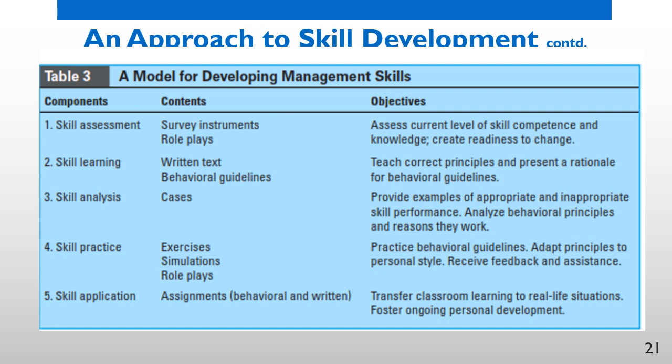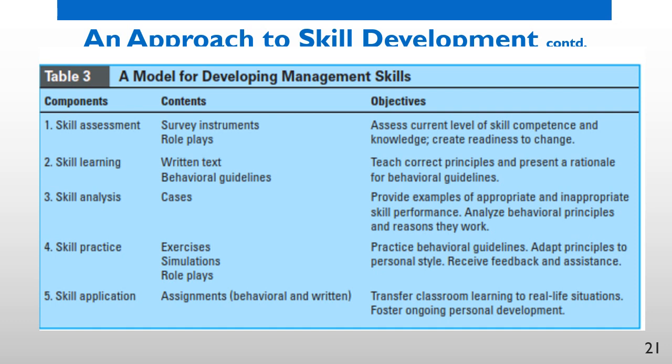Here they are presenting it under three columns in the table. In the first column, they have listed the component or the step in the management skills development process. How we can do that is explained under contents. And in the third column, they explain the objectives of each component.